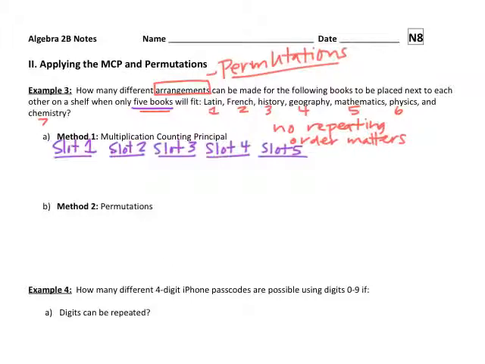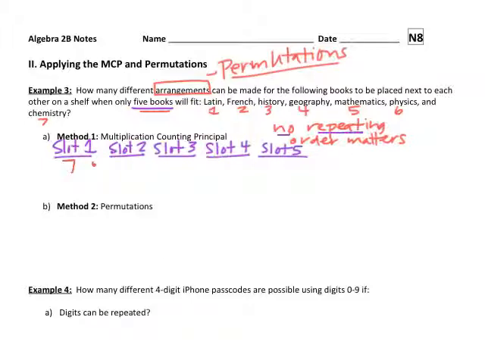So in order to try this out using the multiplication counting principle, I've set up 5 slots. Remember, we're only picking 5. That's the amount of space that we have on our bookshelf. We can only use 5 of the 7, and there is nothing that says that we have 2 Latin books, 2 French books, anything like that, so we're not repeating anything either. So in our first slot, we have 7 different books to choose from. So we have 7 choices.